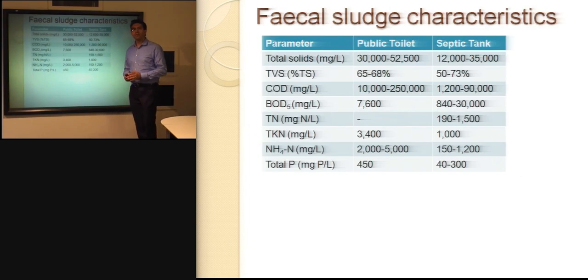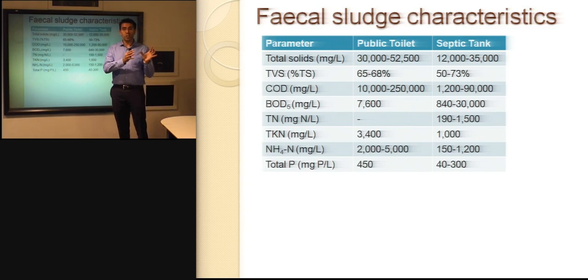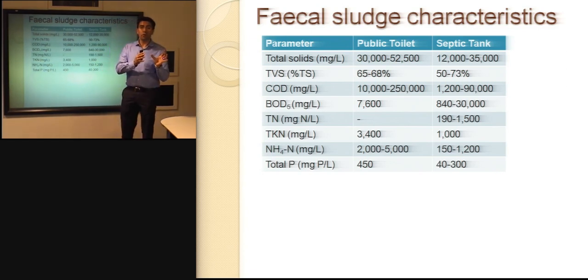To start with, I would like to talk about the fecal sludge characteristics. Even if we categorize the fecal sludge in two main categories, for example public toilet or septic tank sludge, we will find quite variable and different characteristics.